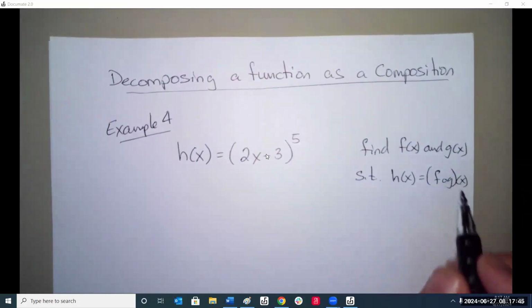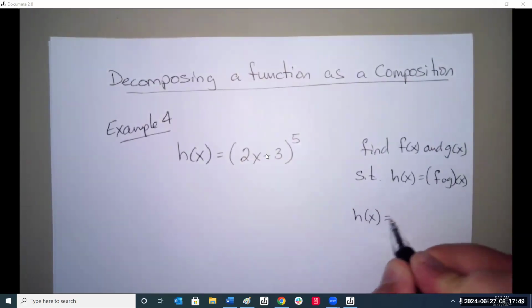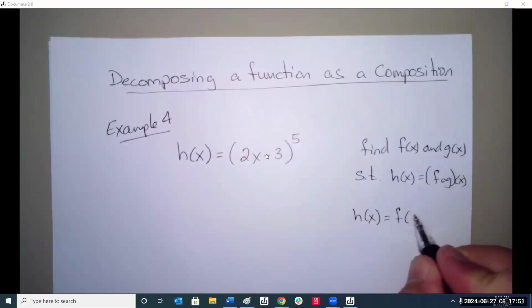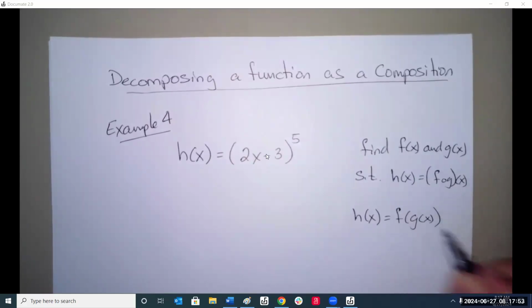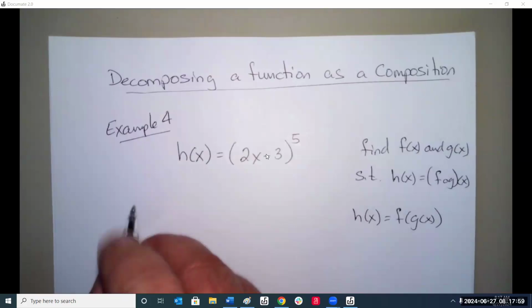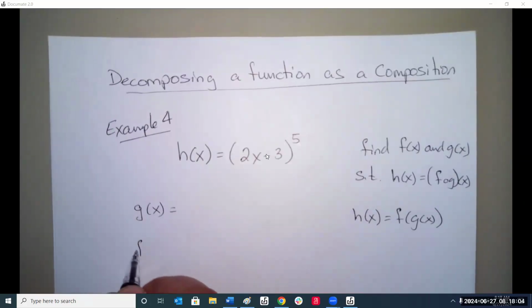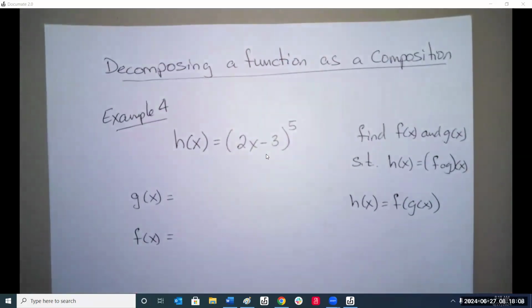Because the way it said it, it's important. What this is saying is h of x has to be like this. So g of x has to be the number that's inside the bigger function. So we have g of x is the inside function and f of x is the outside function.